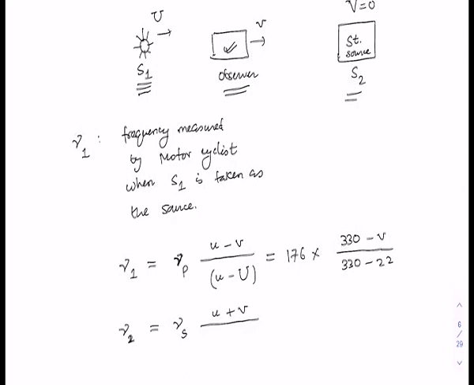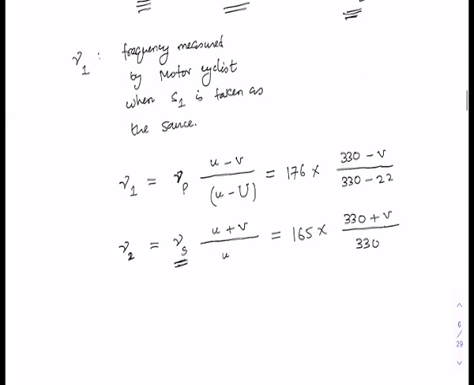And the wavelength of sound would be, because this source is stationary, simply u into t0, but this is already taken into account. 1 by t0 in this case is the source frequency. So this is what you have to use. So nu s is 165, and then you have 330 plus v, this is what you have to work out, and u is 330.